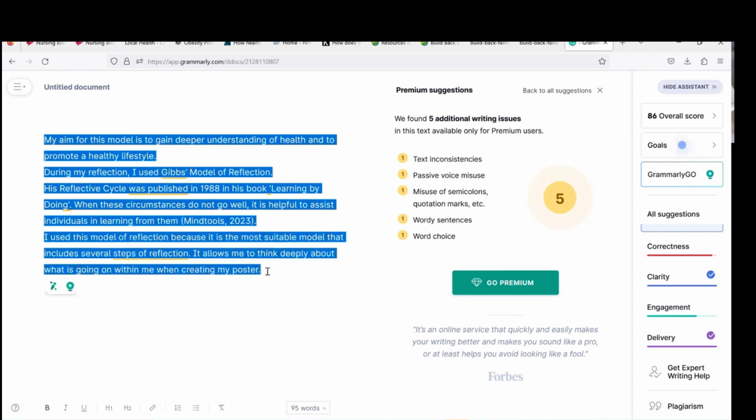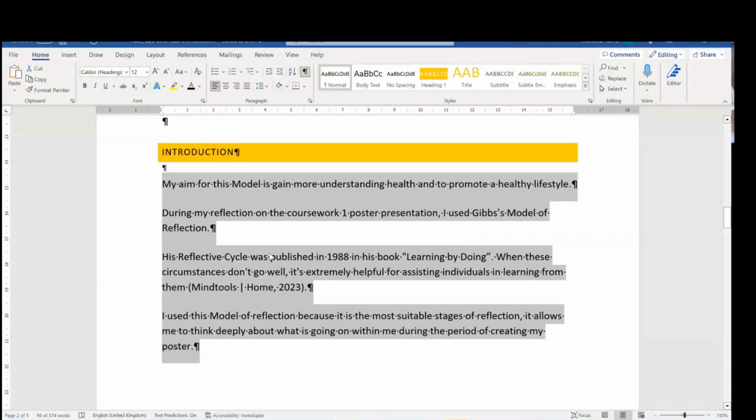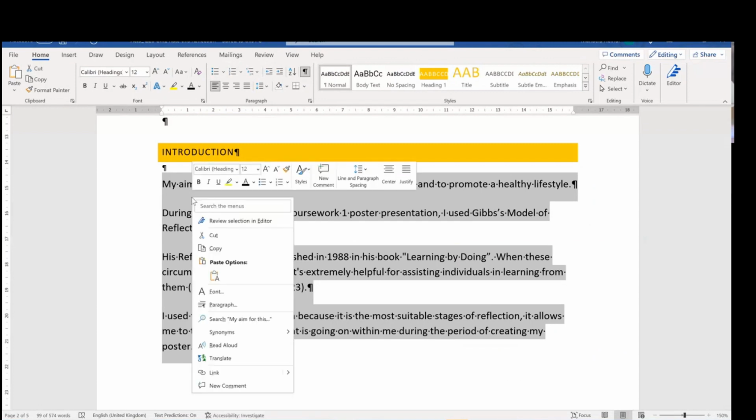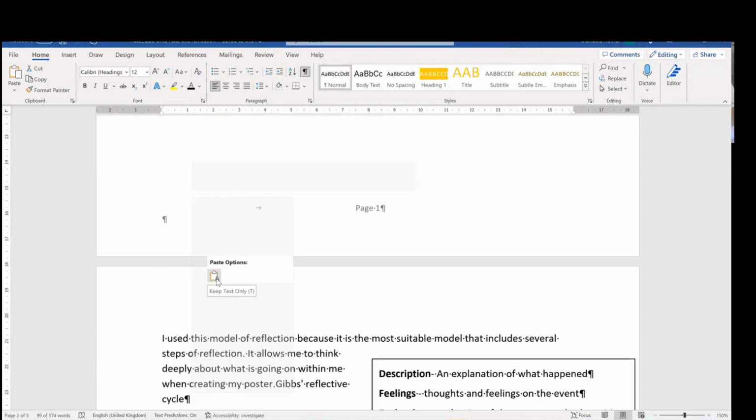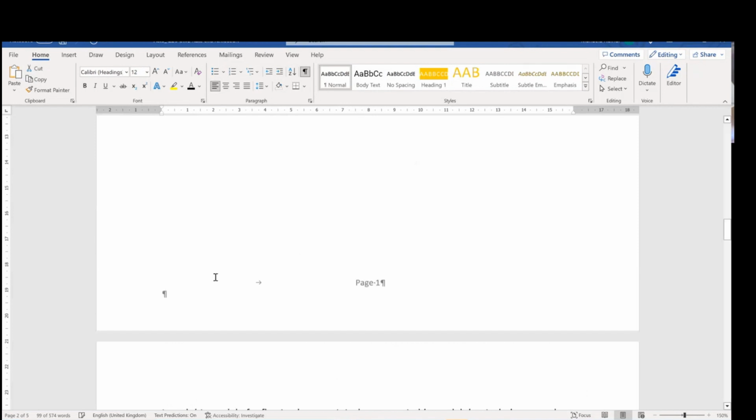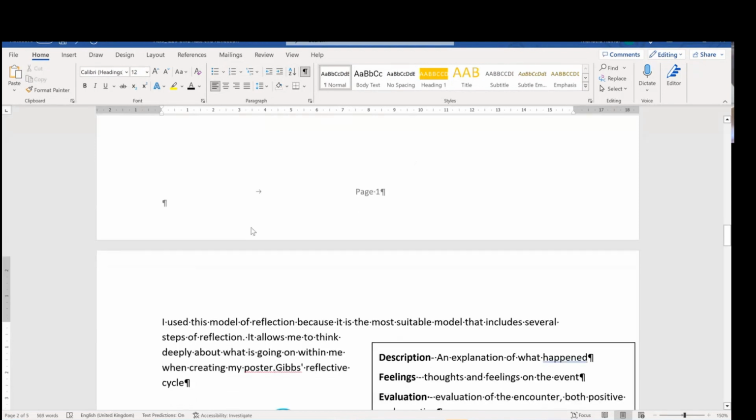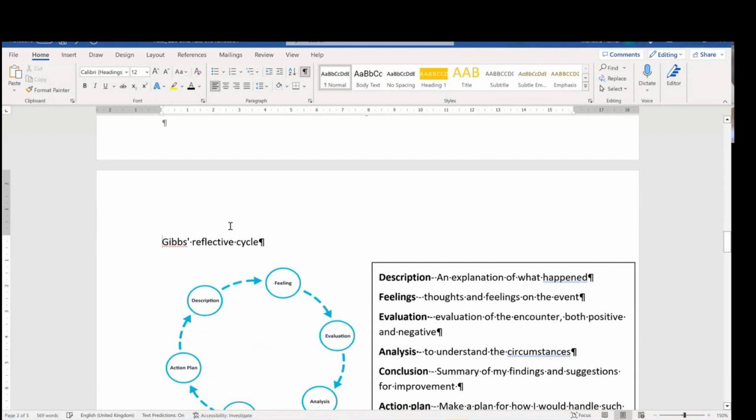Okay. Then we take that one now and we put it back in here. And you remember how to copy and paste? You take this and then you click on the A, keep text only. Then we have Gibbs reflective cycle.